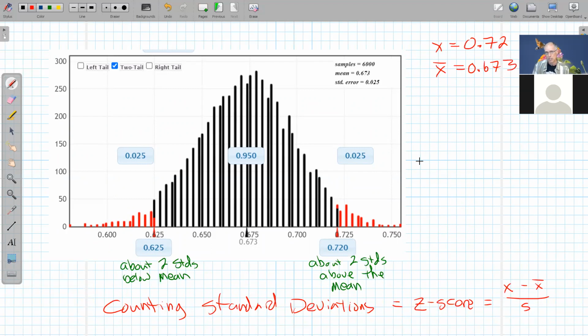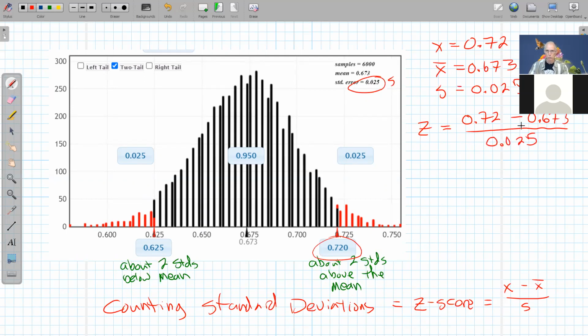And my standard deviation, that's the standard error, so that's my S right there, 0.025. So let's double check the z-score of this value. The 95% rule says it should be about 2. So to calculate the z-score, I take my X, 0.72, subtract my mean, my middle, 0.673, and then divide by the standard deviation, which in this case is the standard error. All right, so let's see with that on a calculator if it is close. Calculator off to the side here.